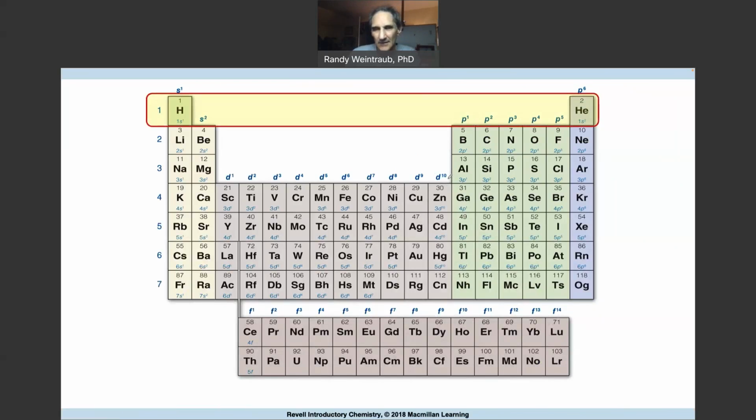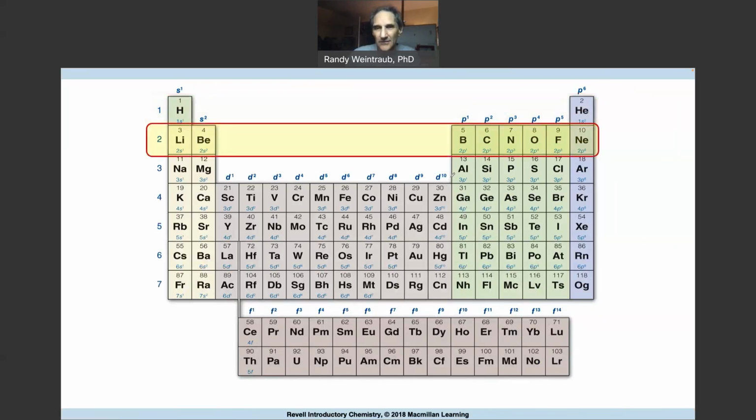The elements in period 2, going from lithium to neon, have electrons in energy level 2, and so forth. For any atom, we can determine its highest occupied energy level from the row or period that it is in on the periodic table.